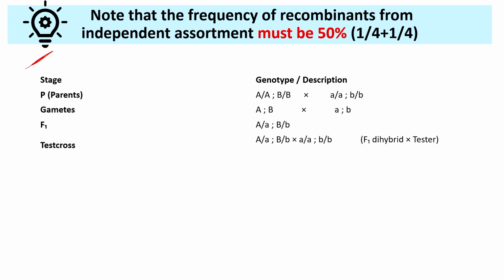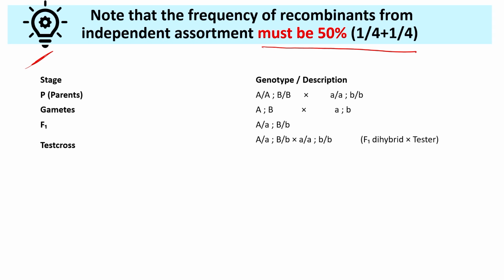So the frequency of recombination when the genes are independently assorted will be 50%, right? It cannot go beyond 50%, that is what I am trying to say. If they are independently assorted, then you will see this as 50%.